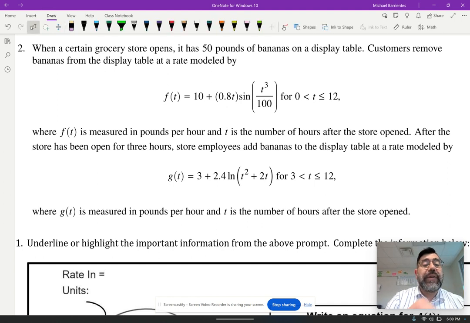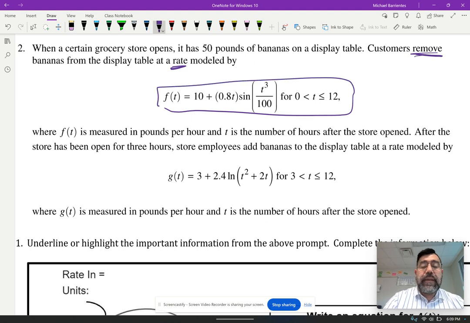So the very first thing we know is this is the rate of removal, for times between 0 and 12, where f of t is measured in pounds per hour, and t is the number of hours after the store opens. So this goes up to 12 hours after the store is open. After the store has been open for 3 hours, the store employees start to add bananas to the display table at a rate modeled by g of t, given by this equation, for times between 3 and 12.